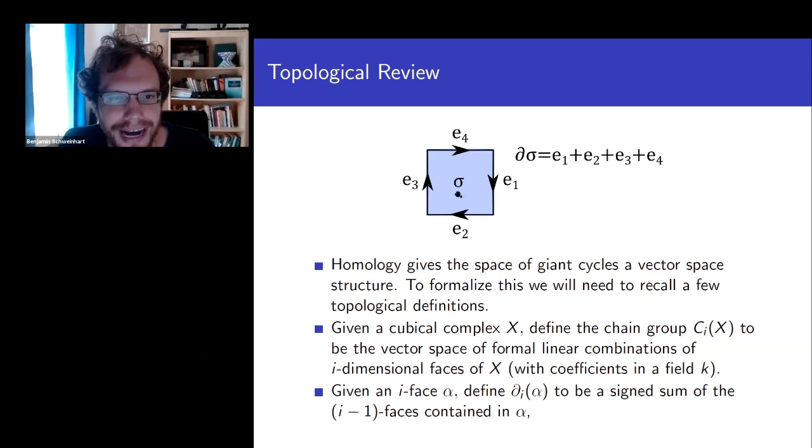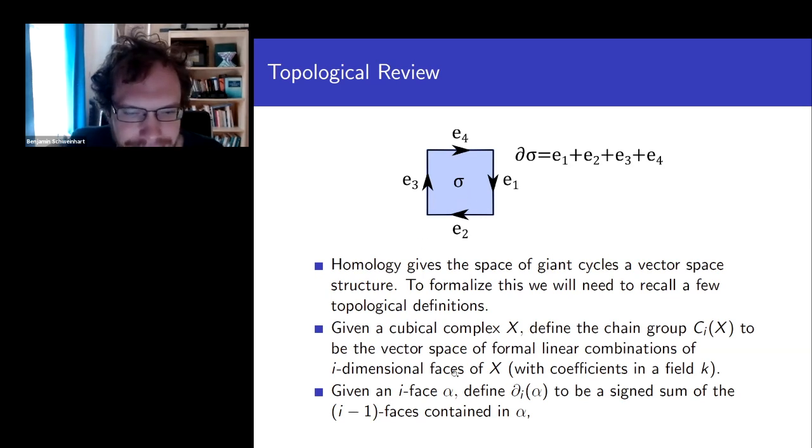Here we only have one 2-cell and 4 edges named, so I can just tell you what the boundary map is for that. We say that the boundary of a face sigma is the signed sum of the (i minus 1)-dimensional faces contained in it. Sigma has 4 faces, E1, E2, E3, E4, so the boundary of sigma is, in order, E1 + E2 + E3 + E4.